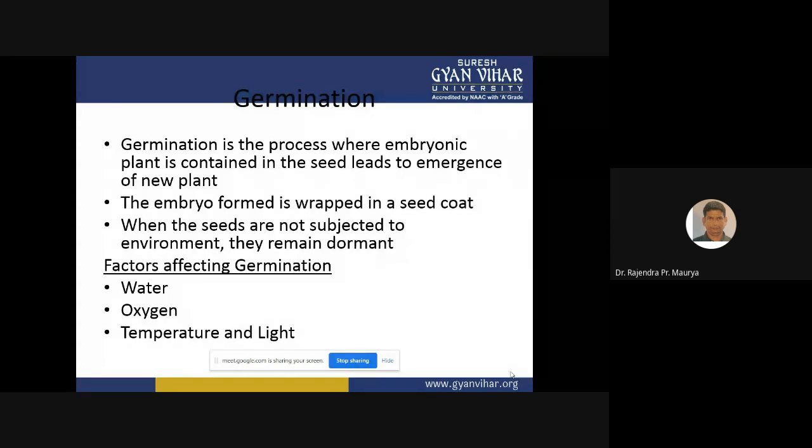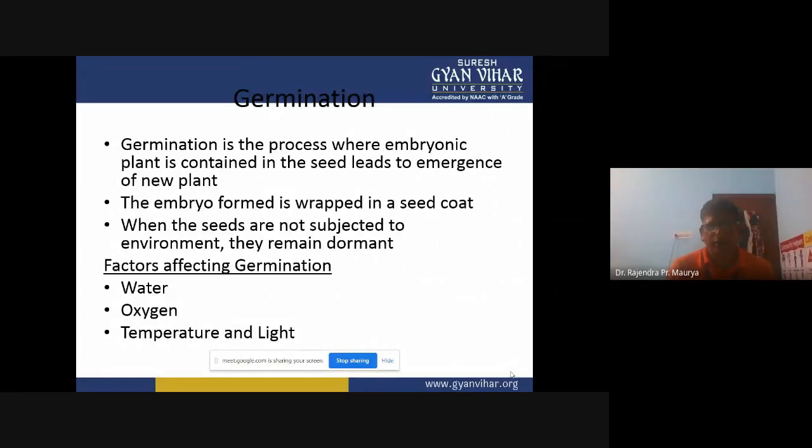The embryo is wrapped in a seed coat. When the seeds are not subjected to a suitable environment, they remain dormant. It is not necessary that all seeds germinate.